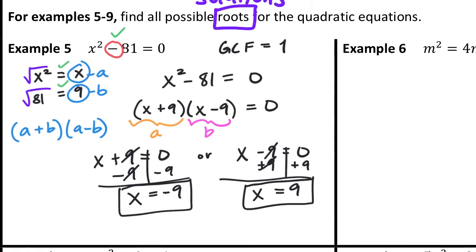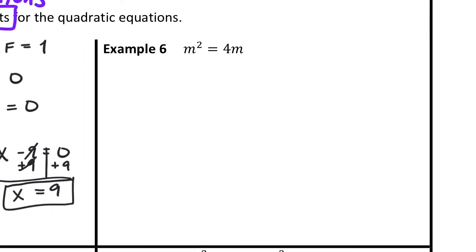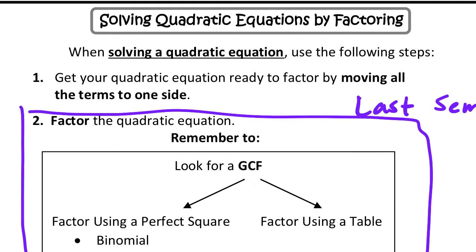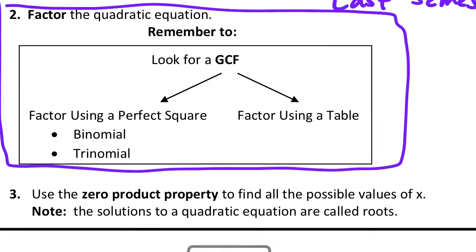Right. Let me slide over to example 6. So let's go to step 1. Let's see, what did step 1 say again? If you go up here, get your quadratic equation ready to factor by moving all the terms to one side. Okay, so we're going to move all the terms to one side.